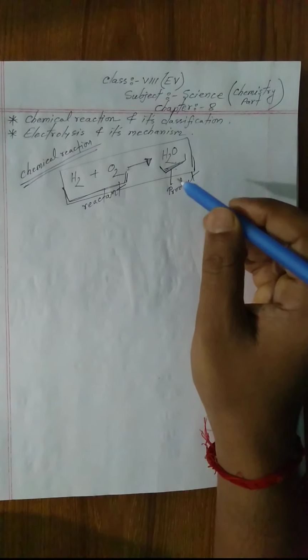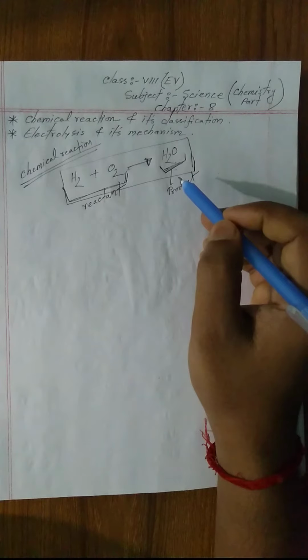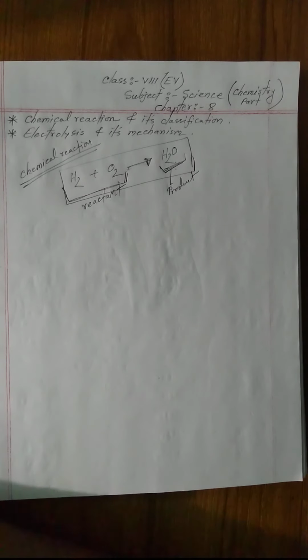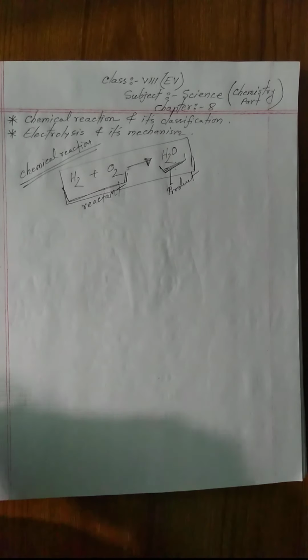When an arrow sign is used, we don't need to balance the reaction or equation, but if we use an equal sign between reactant and product, then we have to balance the equation.